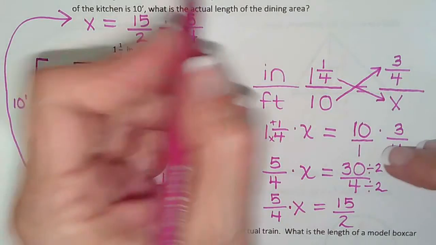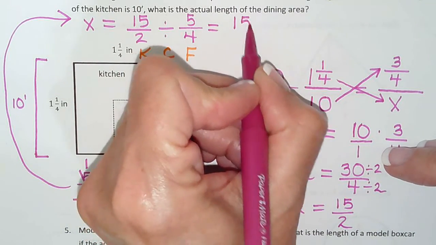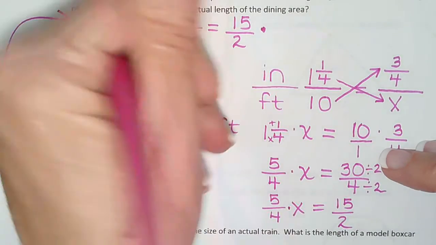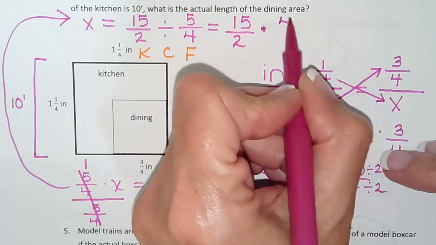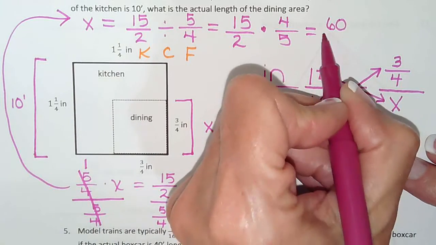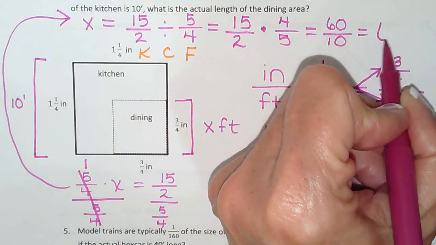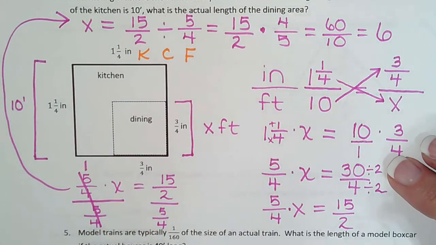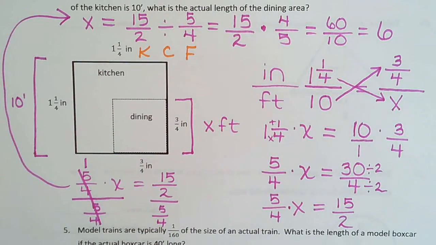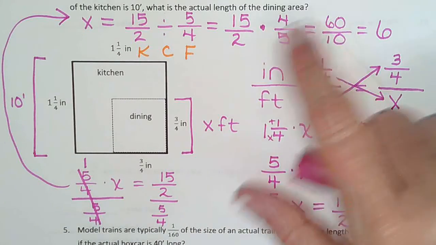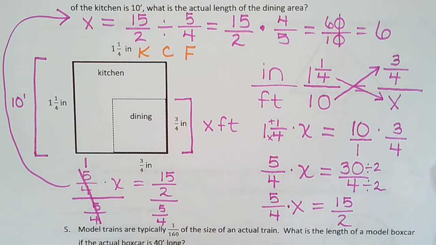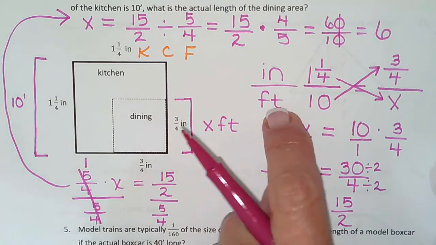So keep the first fraction, change to multiplication, flip the second fraction, which would be 4 over 5. So then we get 60 over 10, which is 6. So that wasn't so bad, right? It looked ugly there for a moment, but look how nice and easy it worked out. So 15 times 4 is 60, 2 times 5 is 10, and 6 divided by 1 is 6.